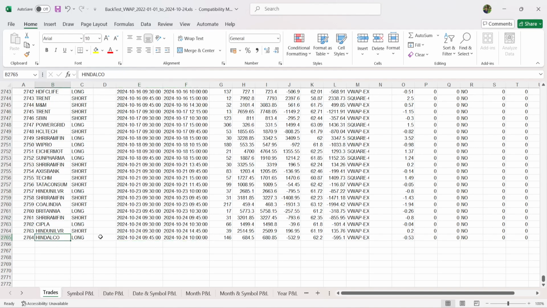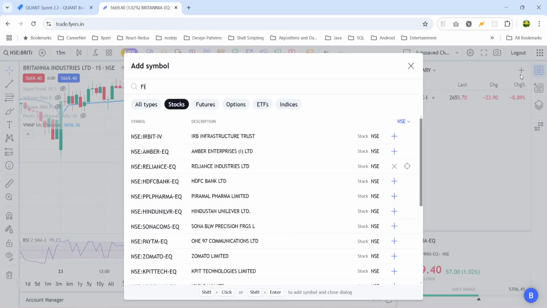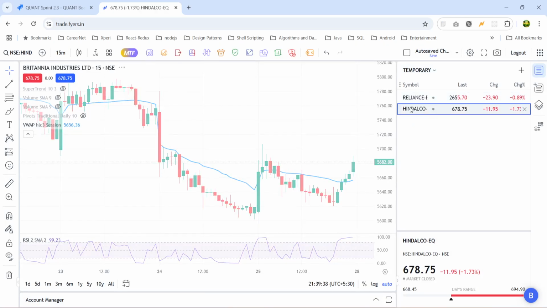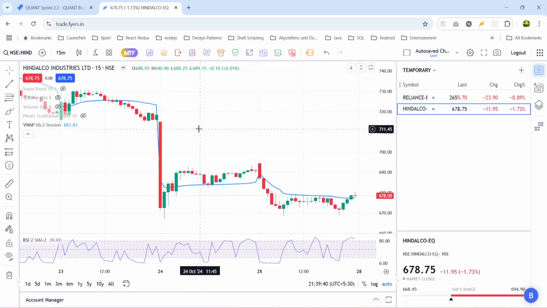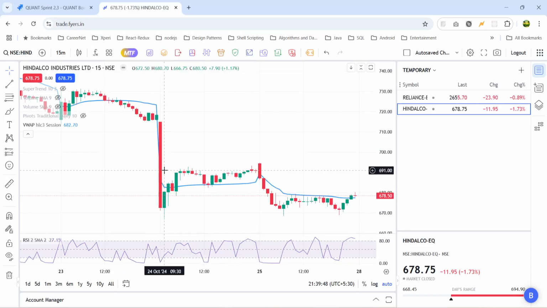In Algo, it went long. Let's check in Algo. I already enabled the Vwap indicator here. On the 24th, yesterday, look at this 9:45 candle close. This candle closed above the Vwap line.